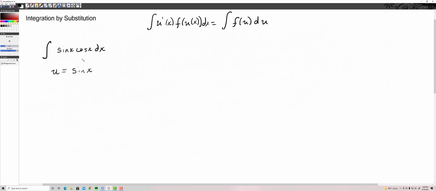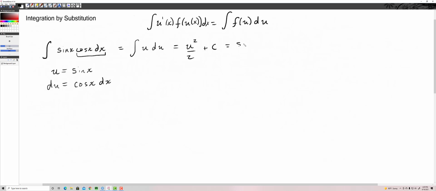Then here's something else. I'm not naming that yet, but I do know that du is going to be cosine x dx. Well, look at this. That's du. So here I can rewrite this as the integral of u du. I'm going to take just a second to reflect on this, because obviously we can continue this out. We know how to integrate that.